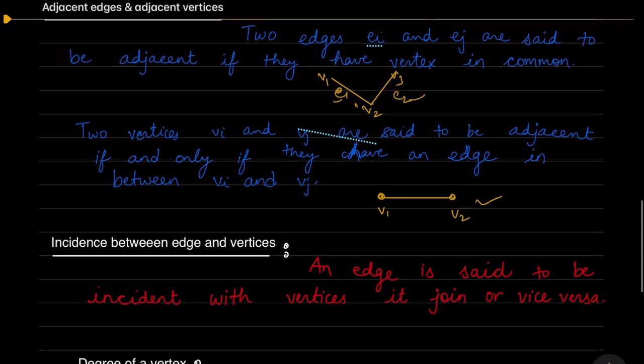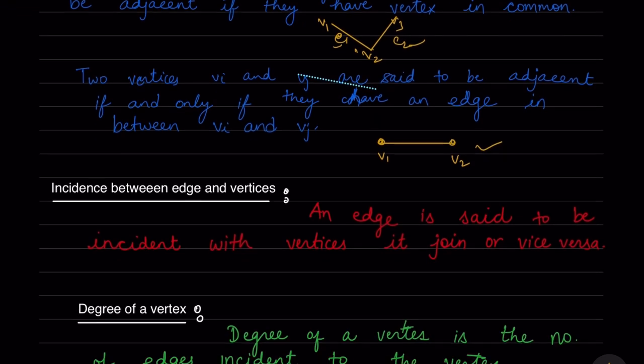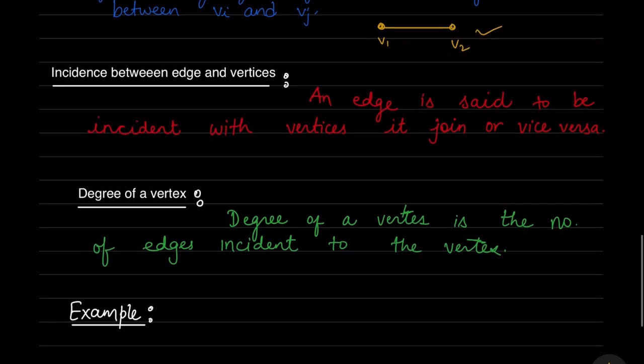Next is incidence between edges and vertices. An edge is said to be incident with the vertices it joins, or vice versa. Next, degree of a vertex.